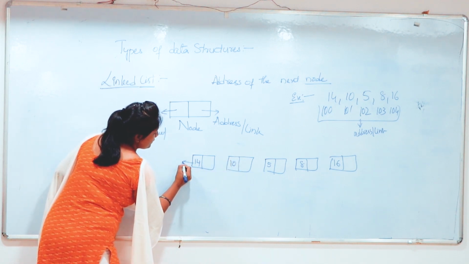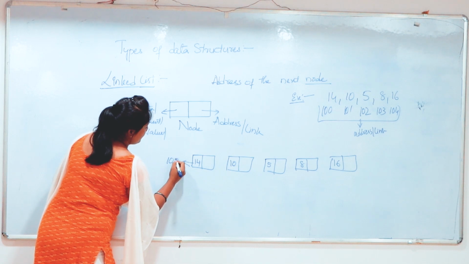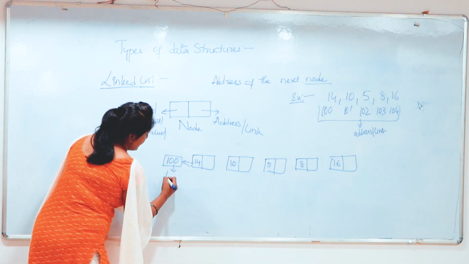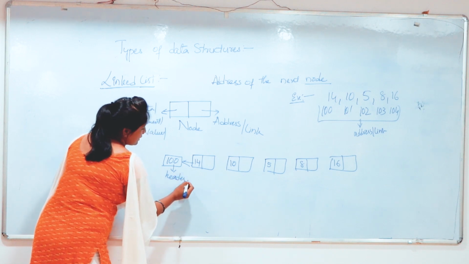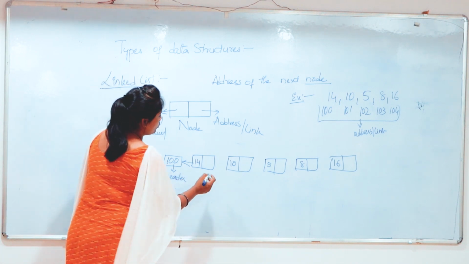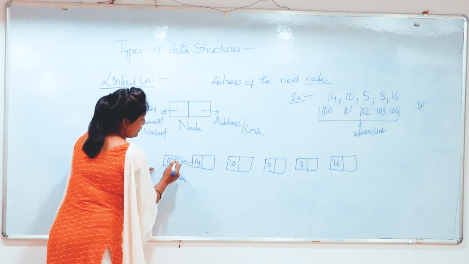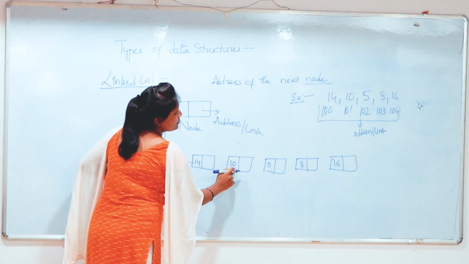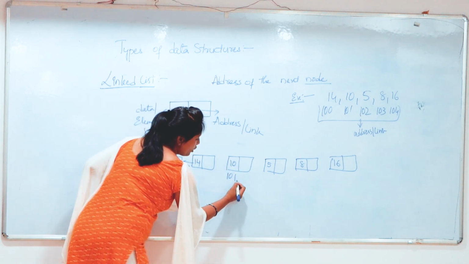Here the 14 will be at the address of 100, the first element, and its address will be in the header part. This is called the header. So the address of 14 is 100, called the header, and 10 is at the address of 101.